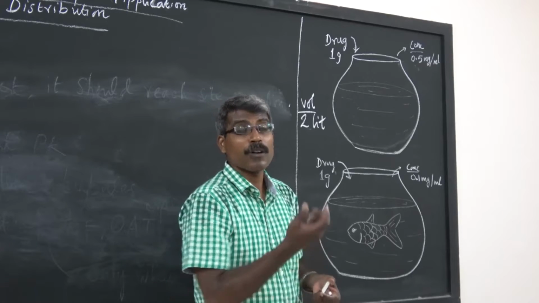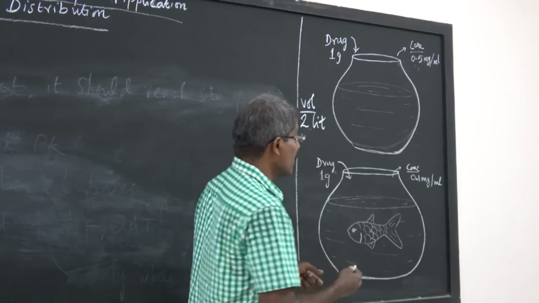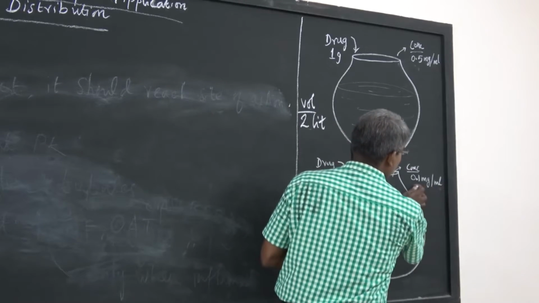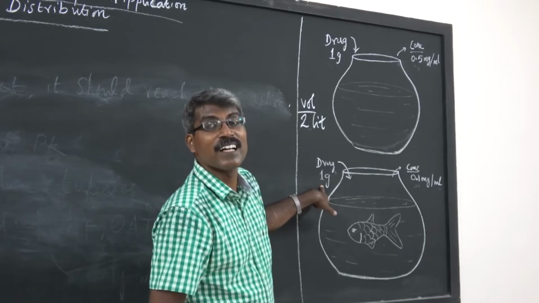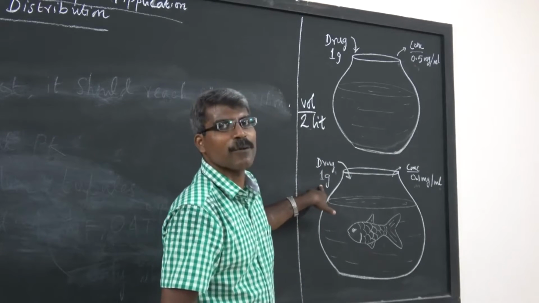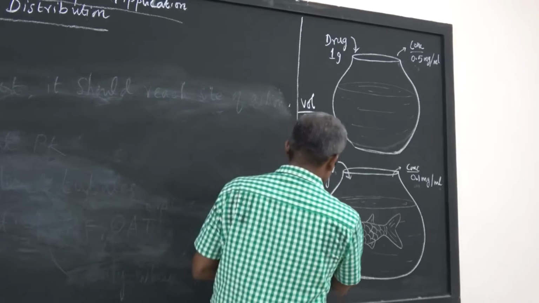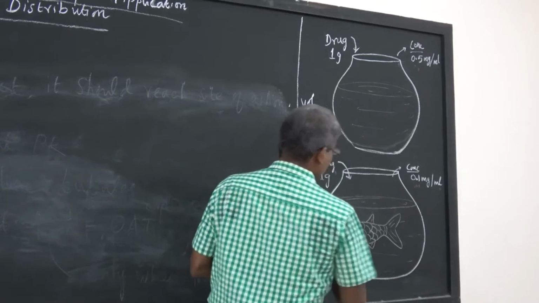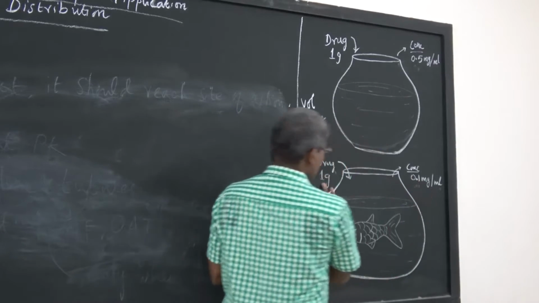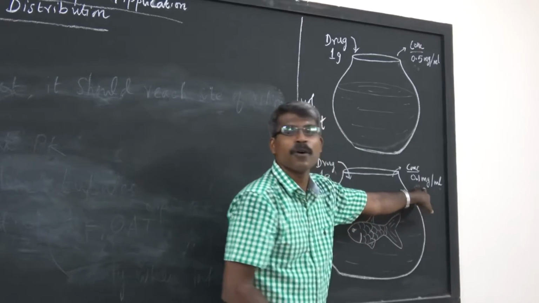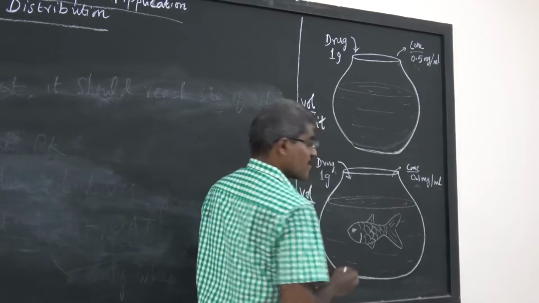Now what will be the volume if I have to calculate? So here 1 ml has 0.1 milligram. How much did I add? I added 1 gram, or 1000 milligram. So the volume here should be 10,000 ml, isn't it? Only if it is 10,000 ml, then if I add 1 gram, it comes to 0.1. So its volume should be 10 liters.